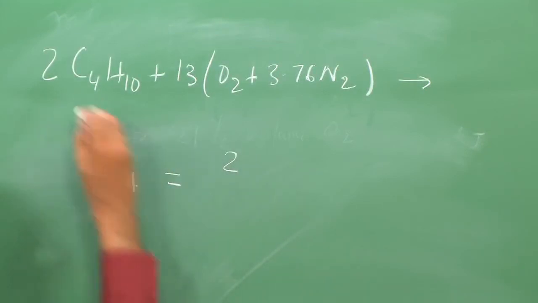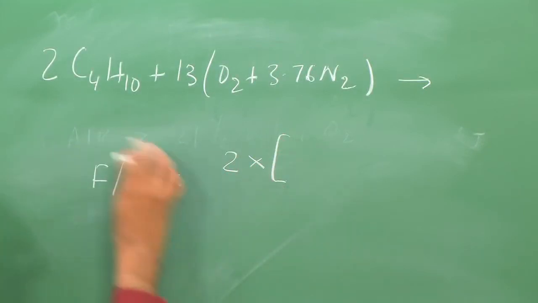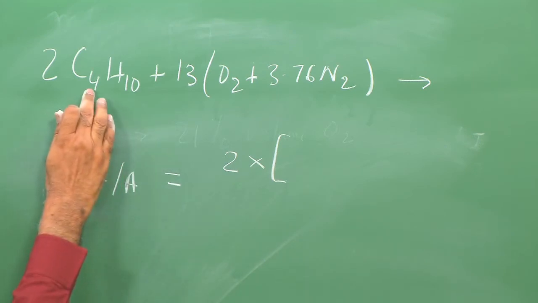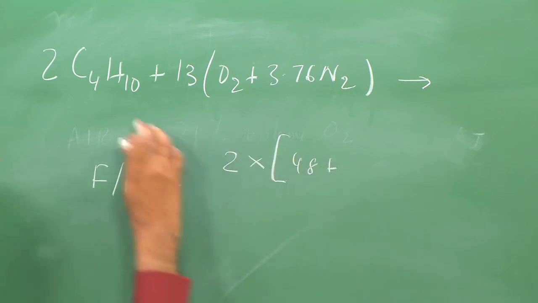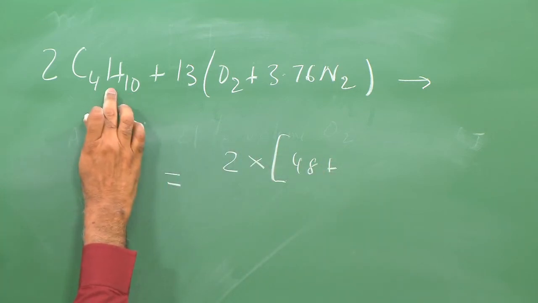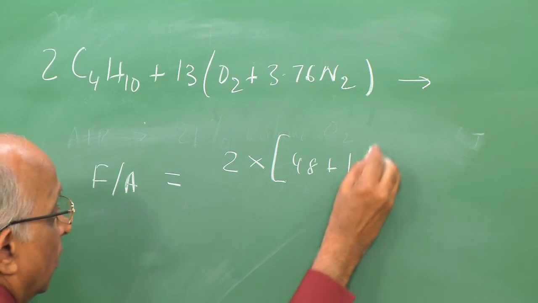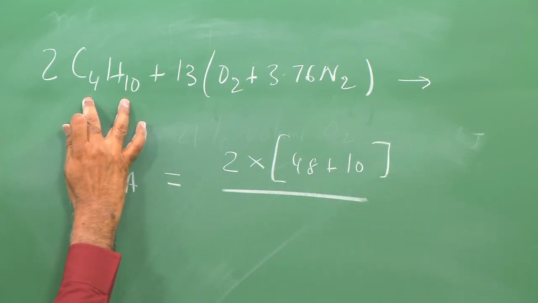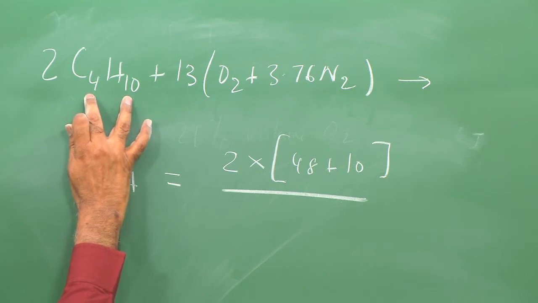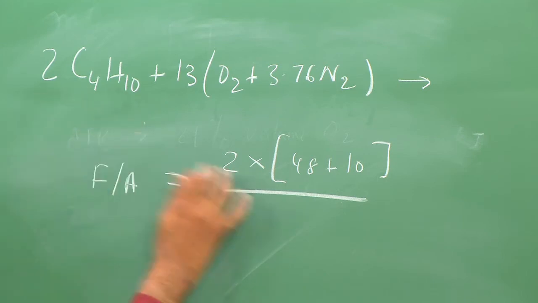2 moles into, what is the molecular mass of this? I have 4 into 12, 48, plus hydrogen, 10 into 1, 10, that is the mass of fuel. That means 58 grams per mole is the mass of the butane, into 2 is the mass which is reacting with oxygen.